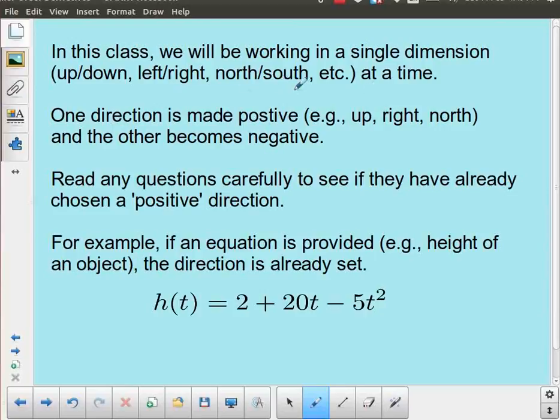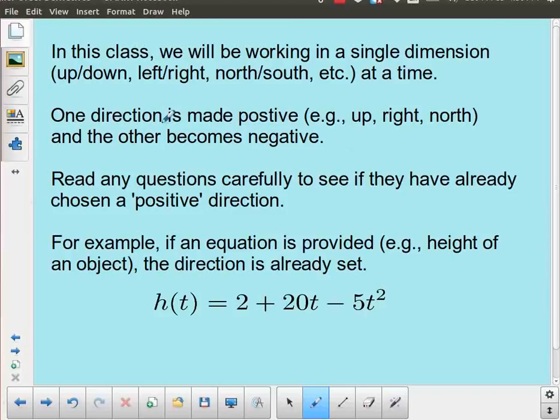But we'll only be working in a single dimension at one time. If you've come with a physics background to this, you're more comfortable working in two dimensions, working in north, south, east, west all at the same time. The calculus that we're looking at does work for two dimensions or even more than two dimensions, but we're not going to be looking at that.